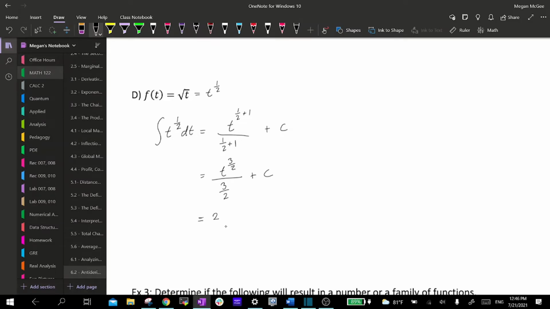So this is 2/3 times t to the 3 halves plus c. Okay? And this is our final answer. So nothing crazy happened between the last two steps. It's just some properties of exponents. All right, but if you need any more clarification, please shoot me an email.